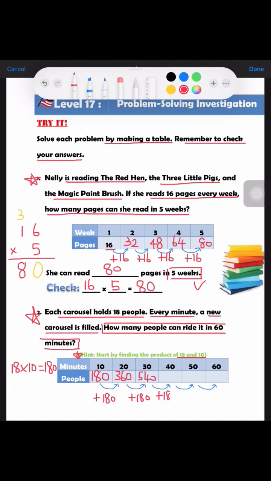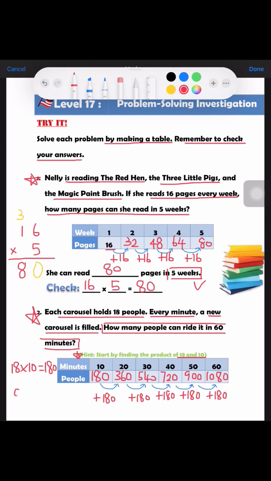And in 40 minutes, it will be 540 plus 180, and the answer is 720. How about 50 minutes? It will be 720 plus 180, and it is 900. And last, in 60 minutes, it will be 900 plus 180, which is 1080.